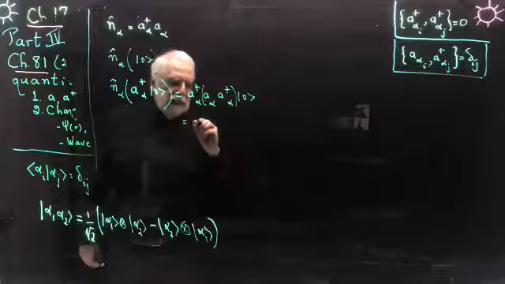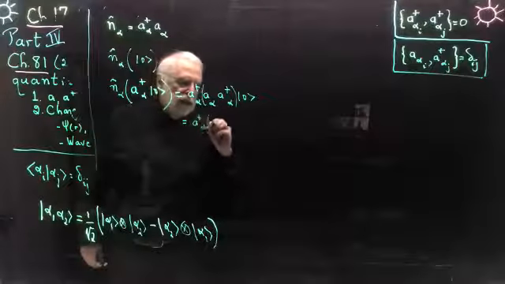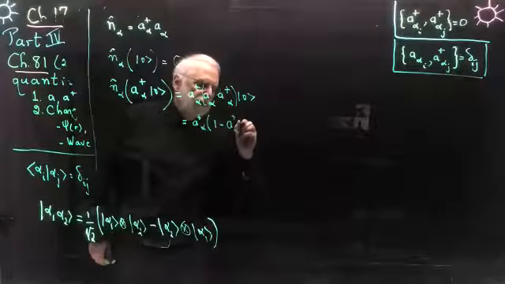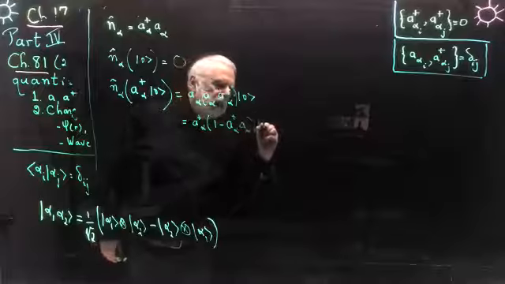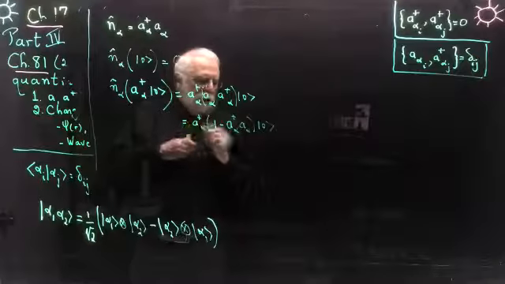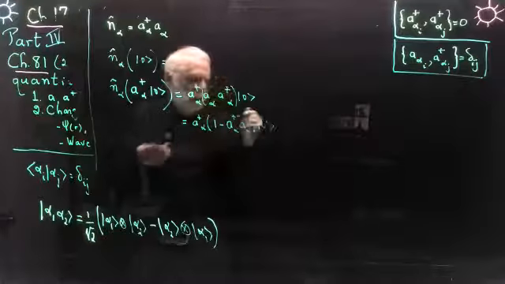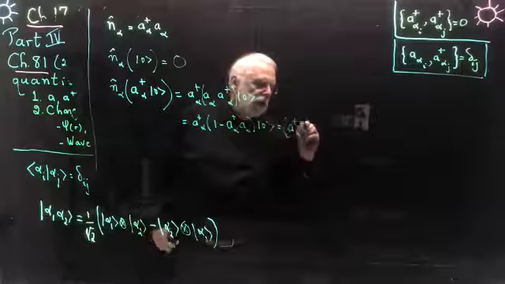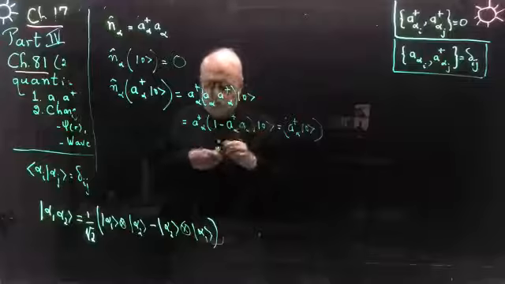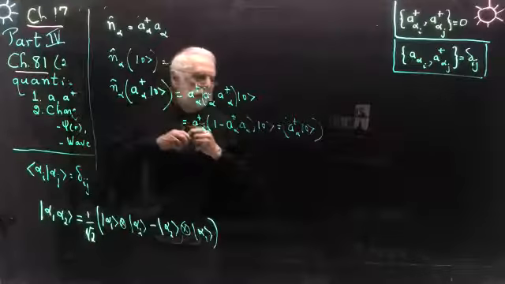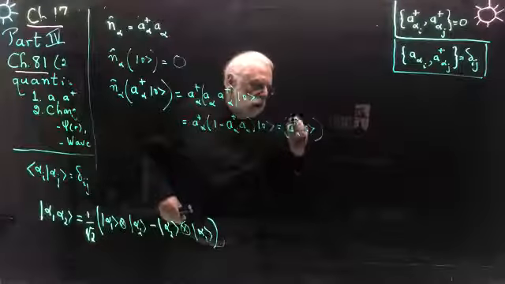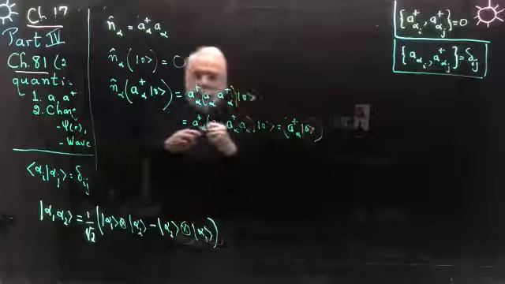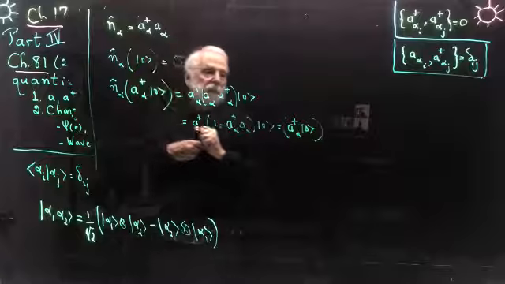So this is A dagger(alpha) times (1 minus A dagger(alpha) A(alpha)) acting on |0⟩. And now A(alpha) acting on |0⟩ is 0. Okay, so that's A dagger(alpha)|0⟩. So you see, I get the same state with eigenvalue 1. So I have discovered that there's only one particle in state alpha.